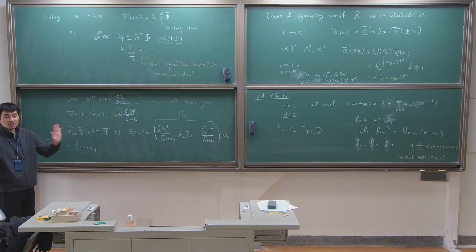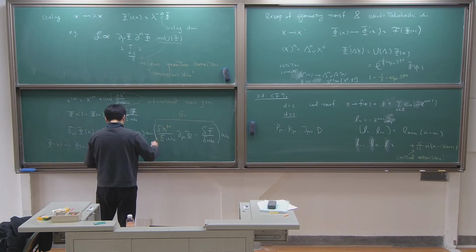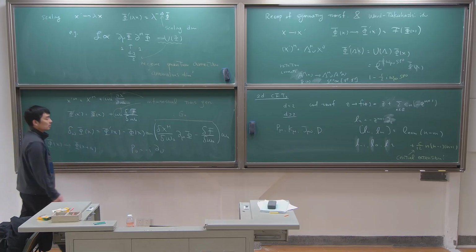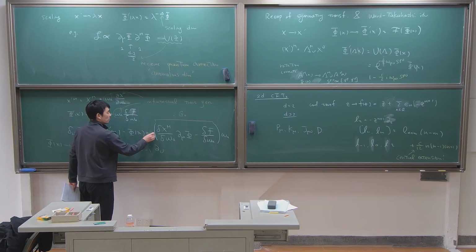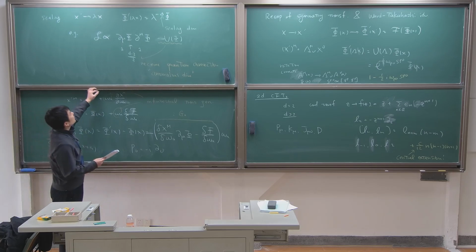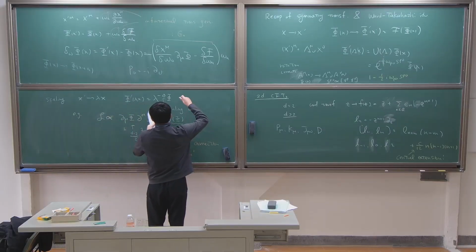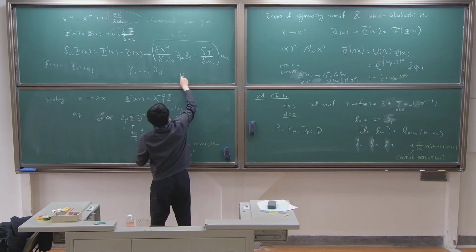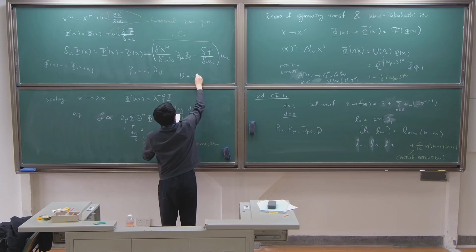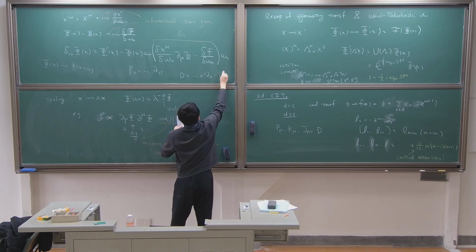Therefore this is the trivial case. So iG_a is something like minus i partial mu, which is P mu. And in the case of the dilatation, which we already knew, it is minus i x nu partial mu minus i delta.